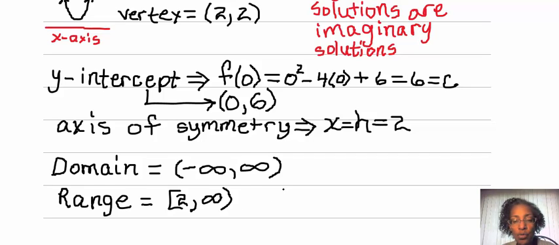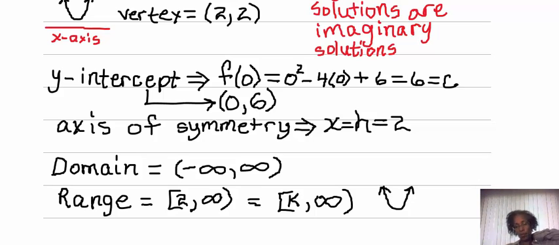So notice the range will always be, if the parabola is upward opening, k or any number above k, since we're talking about the y values. So the range of this type of parabola is always all real numbers k and bigger.